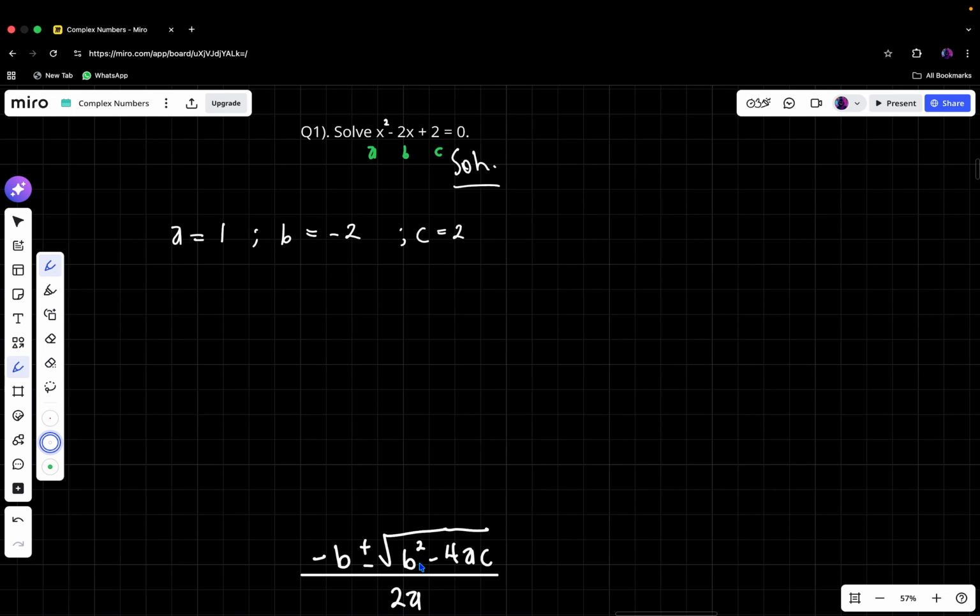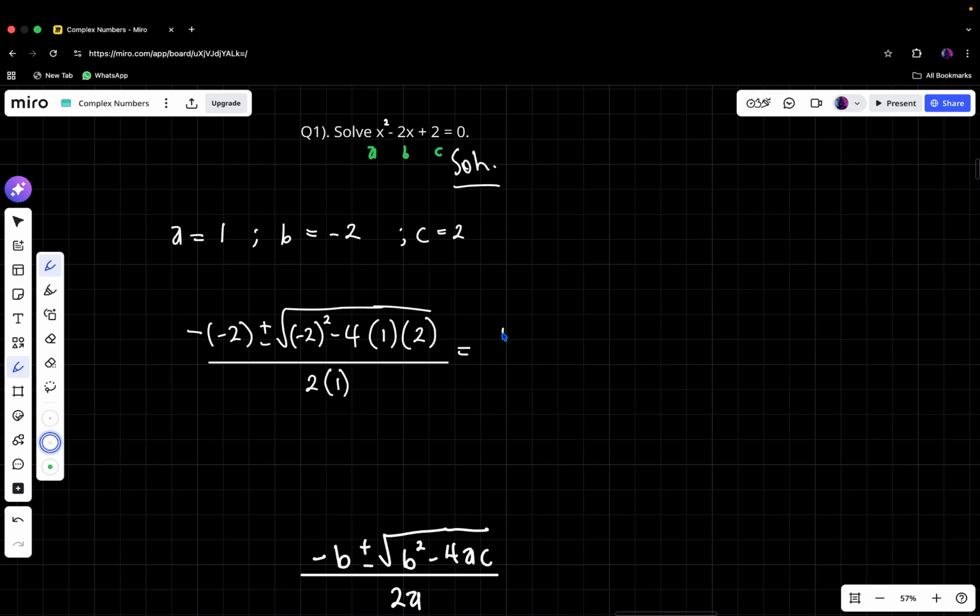Now let us put everything back into the formula. So what do we have? Minus b, which is -2, plus or minus square root of b squared minus 4, where a is 1 and c is 2, all over 2a. We would have positive 2 from here, plus or minus square root of b squared. -2 all squared is -2 times -2.